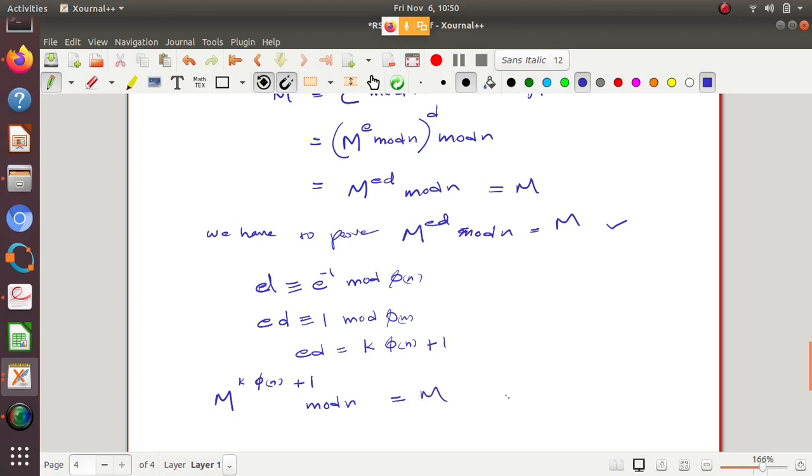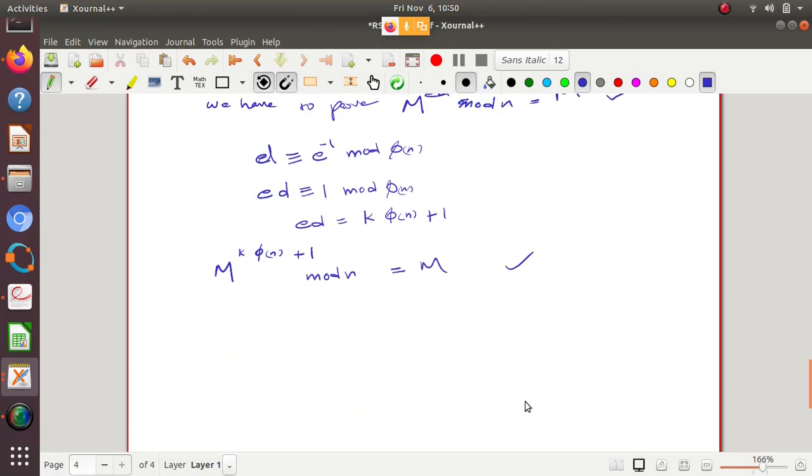So this is what we have to prove. Again, what is phi of n? It is p minus 1 into q minus 1, because n is equal to p into q. So again we can rewrite this as m to the power k into p minus 1 into q minus 1 plus 1 mod n is equal to m. Okay, this is what we have to prove.